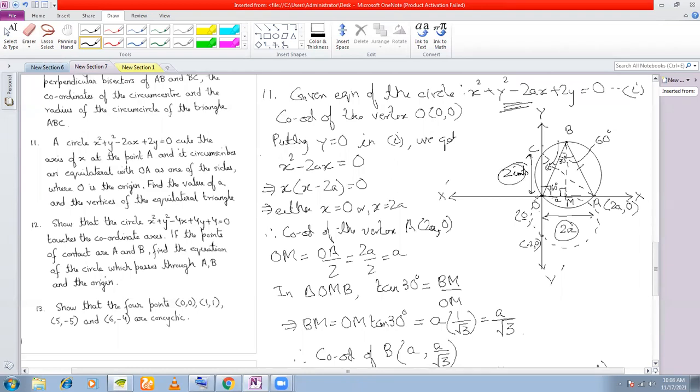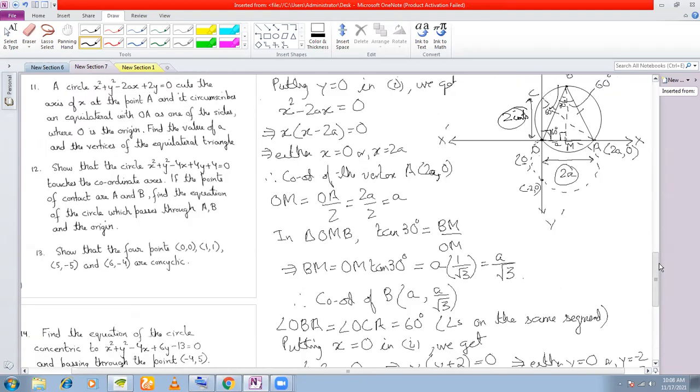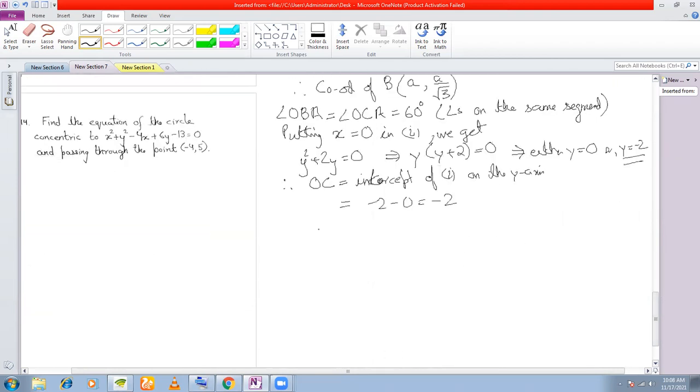And you know this angle also, 60 degrees. So we can use tan now. So in triangle OCA, tan 60 is equal to OA by OC. Tan 60 is root 3. What is the length of OA? 2A, as shown above. And what is OC here?